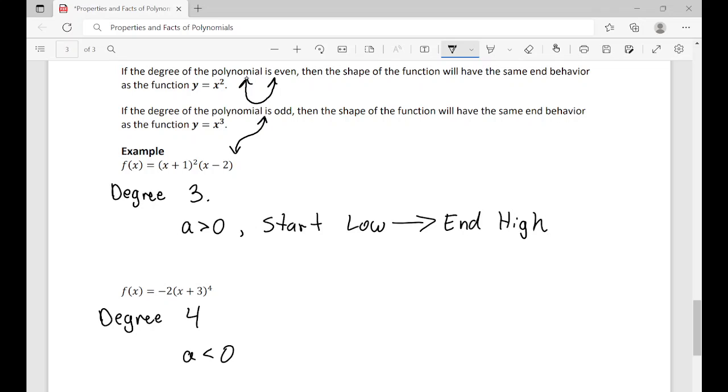So instead of going from high to high, this is going to start low and then end low. So this first one is going to be similar to this graph here, starting low and going high. And this one is going to have the similar shape of the parabola, except upside down. So it's going to have this shape instead. Going to start low and then end low.